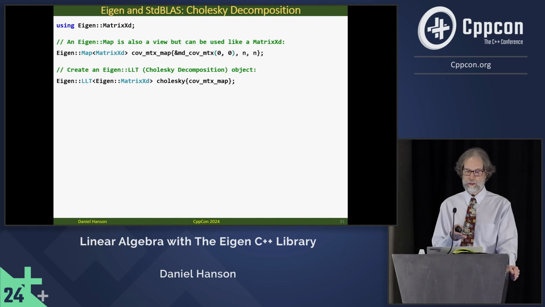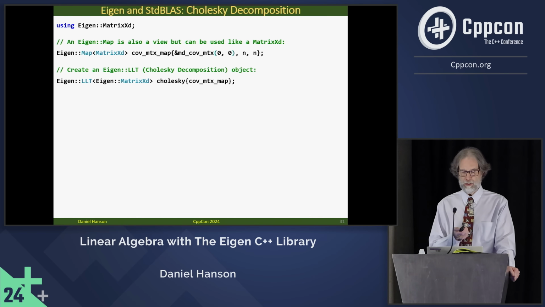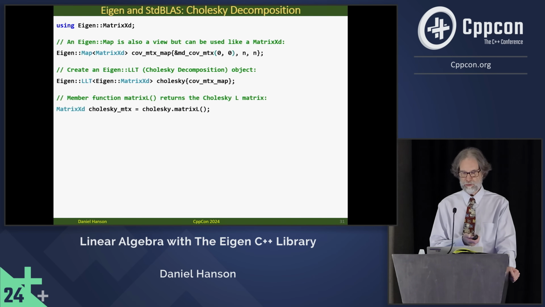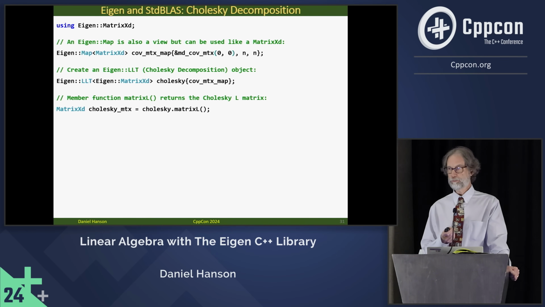You could also put in a full matrix object for the constructor. So both will work. And then once you're done with that, you can get the L matrix by calling the matrixL member function. So this is a lower triangular matrix. And then its transpose is upper triangular.